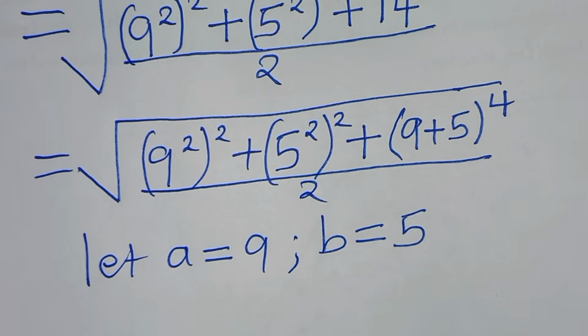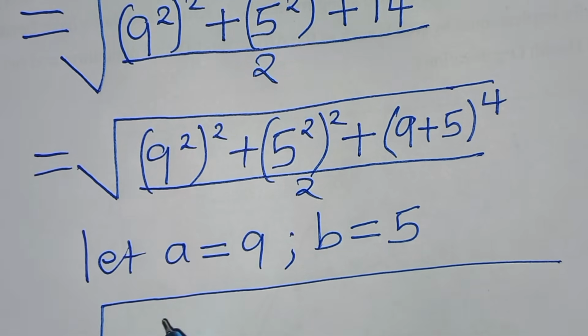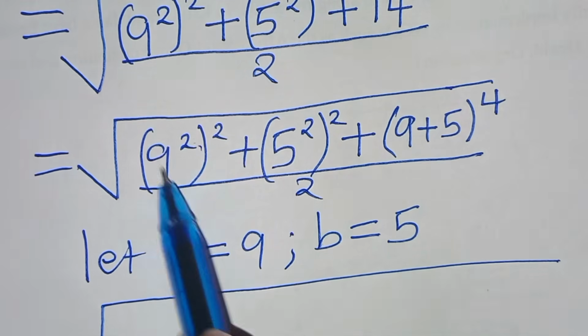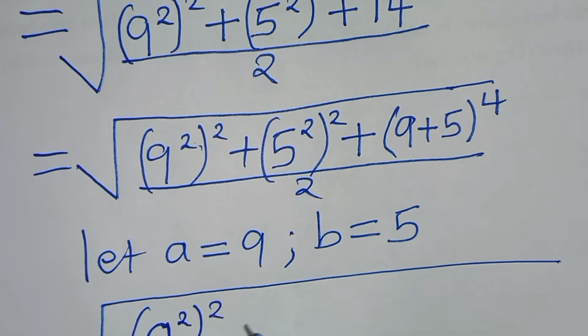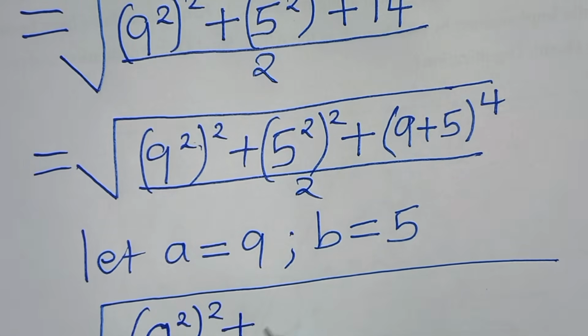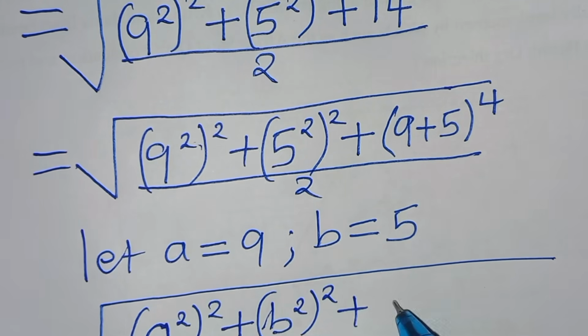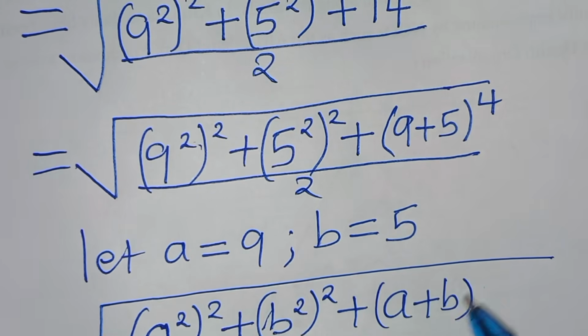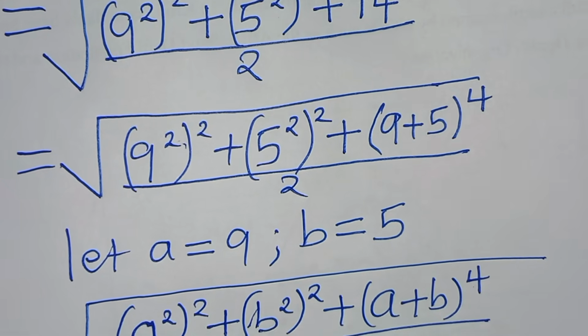So here we'll have the square root of, this is the same thing as A squared to power 2, then plus B squared raised to power 2, then plus, this is the same thing as A plus B raised to power 4 divided by 2.